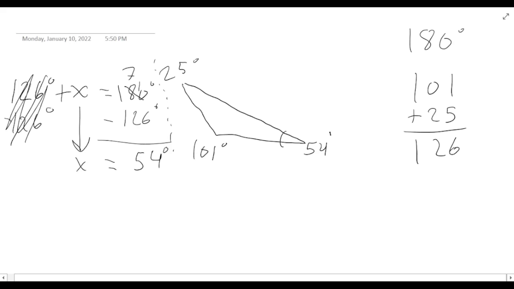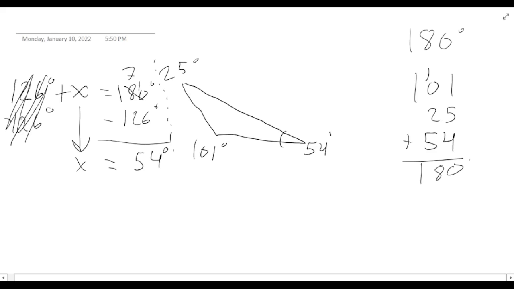And as always, to check our work, we can add up all the angles again. So when we add up all the angles, 1 plus 5 is 6, 6 plus 4 is 10, 0. Carry the 1, 1 plus 0 is 1, 1 plus 2 is 3, and 3 plus 5 is 8.